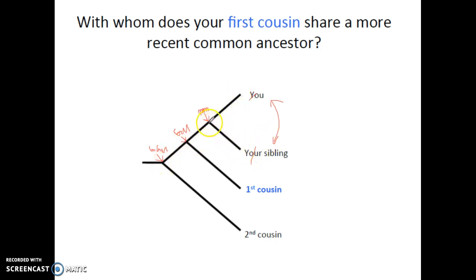Your sibling, you trace the line back. First cousin, trace the line back. And then second cousin right here, trace the line all the way back. And all four of these organisms have the same most recent common ancestor, great-grandmother, at this node right here. We call it a node. Okay, so that's the intercept.